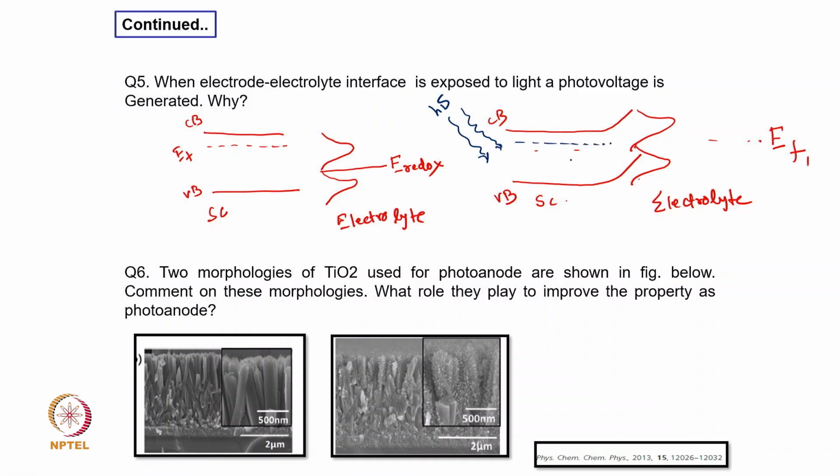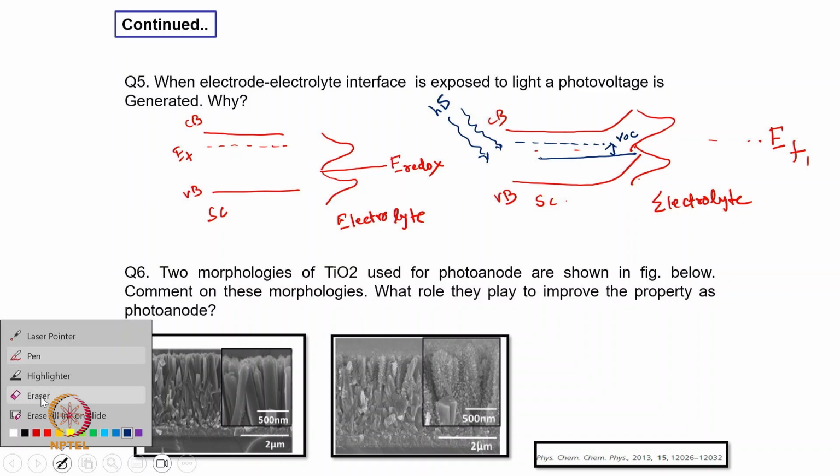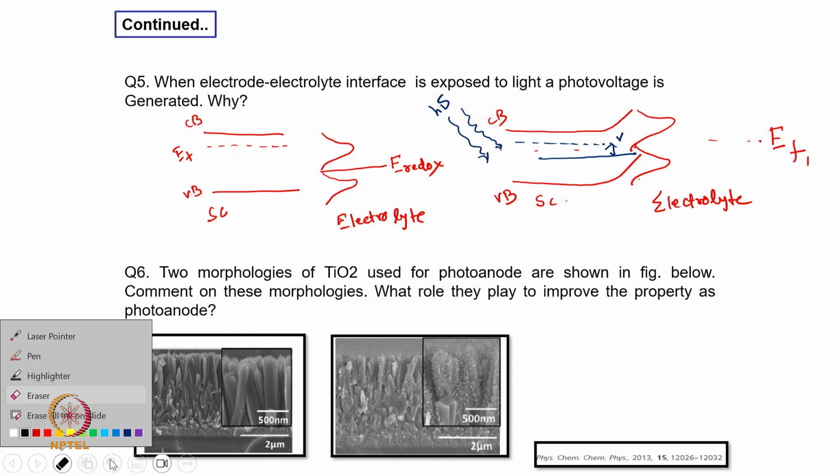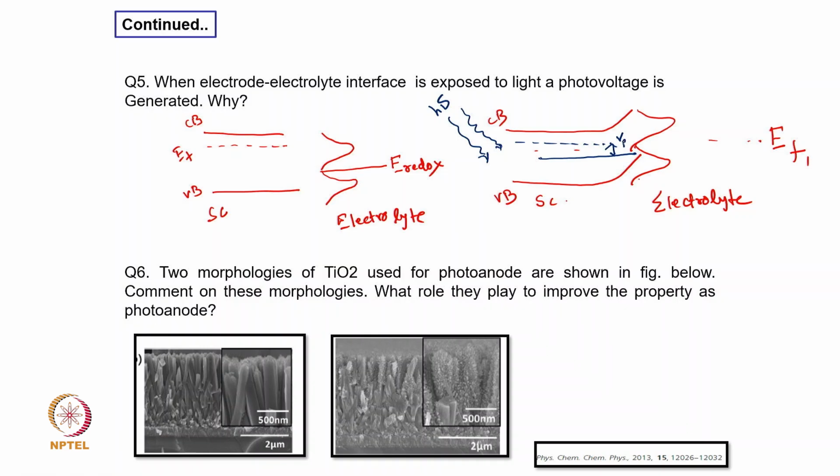There is a shift in the Fermi level with respect to this level, and this is a voltage which is known as photovoltage. Clear? So, this is a way one can represent photovoltage, and if more light is absorbed in the semiconductor, then the energy line will go up and more photovoltage will be generated.